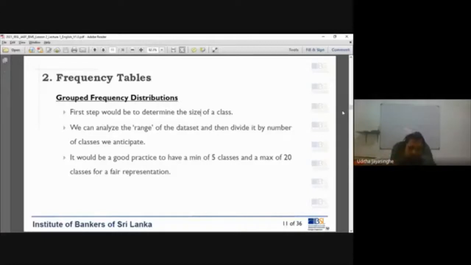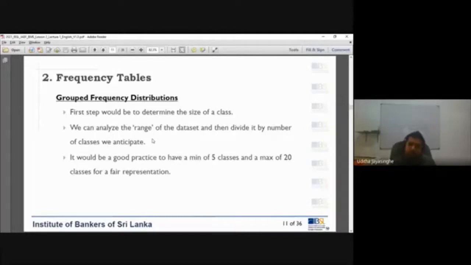Once you determine the size of a class, you can analyze the range of the data set and then divide it by the number of classes that you anticipate. Let's say the values your variable can take range from 0 to 20. You determine my class width is going to be 4.